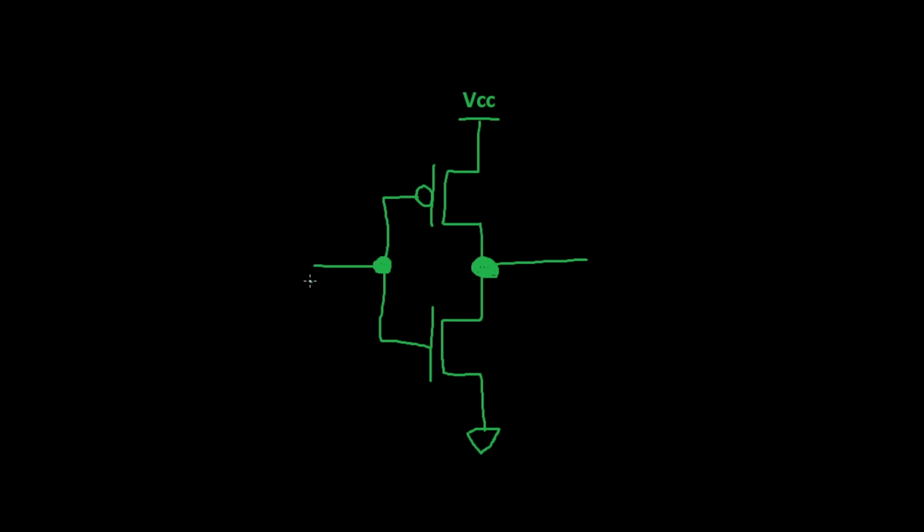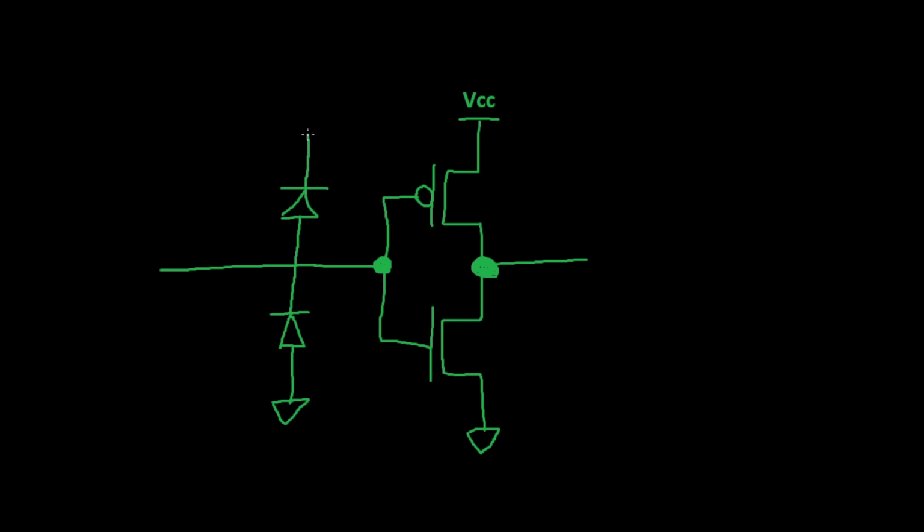Looking a bit closer at the input, there's actually a little bit more going on over here. Very commonly, there's going to be an ESD diode connected to ground that's going to allow discharge of ESD events. Additionally, there could be ESD diodes going to VCC. And there's actually 2 different types that are common.